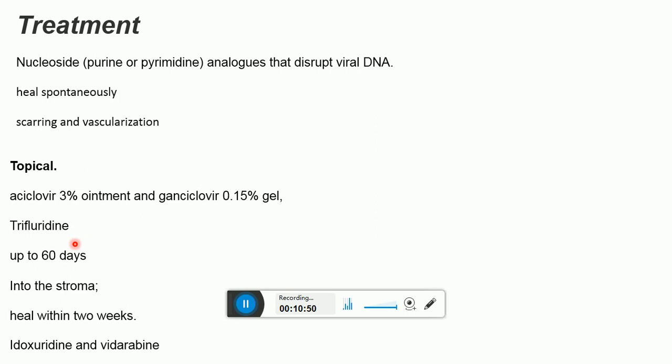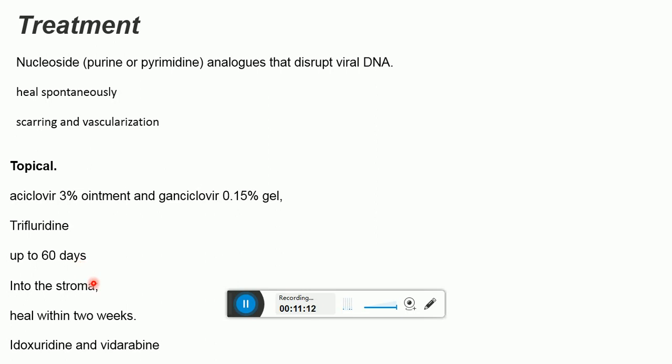The drugs are relatively non-toxic even when given for up to 60 days. They have approximately equivalent effect, acting preferentially on virus-laden epithelial cells and penetrating effectively into the stroma. 99% of ulcers heal within 2 weeks.